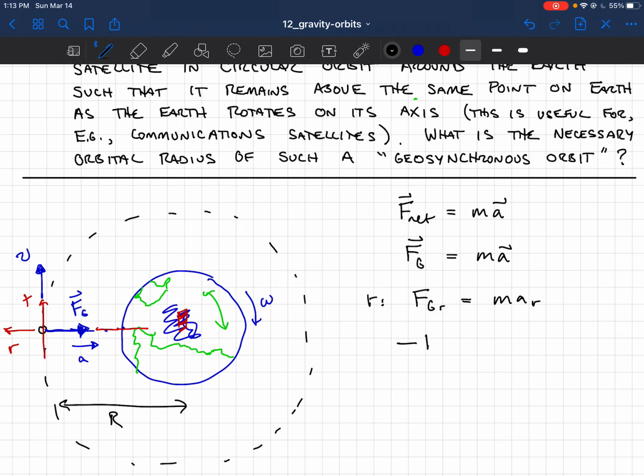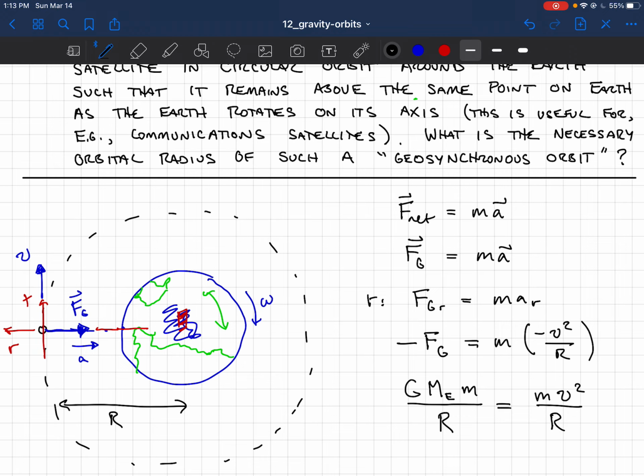And just as last time, we have inward pointing F_g, so we get minus the magnitude equals m times minus v squared over r for our centripetal acceleration. If we plug in the equation for F_g, it's big G times the mass of the Earth times the mass of the satellite divided by r squared, where r is the radius of the orbit, equals m v squared over r.